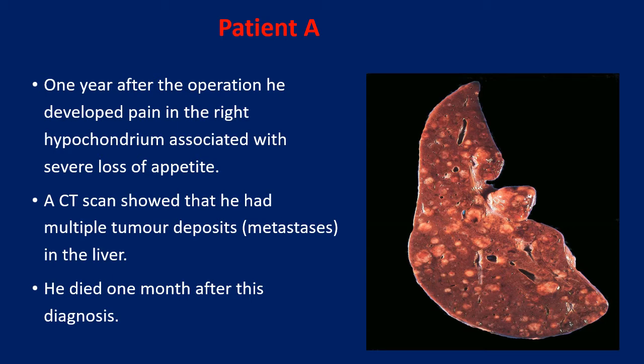In this patient, 1 year after the operation, he developed pain in the right hypochondrium associated with severe loss of appetite. A CT scan was done and showed multiple tumor deposits. Here, as shown in the photo, there are multiple nodules, multiple deposits within the liver.